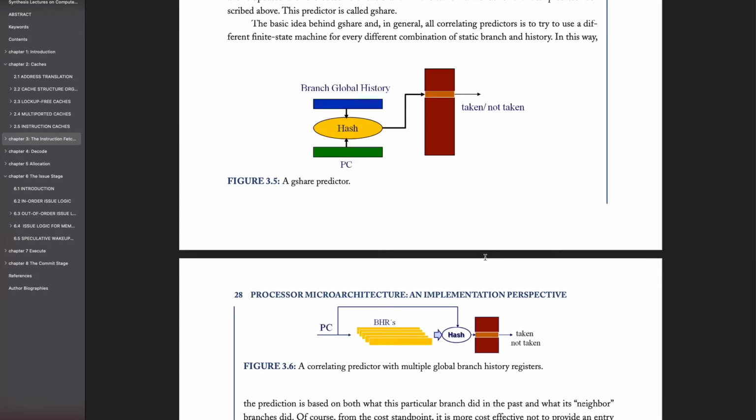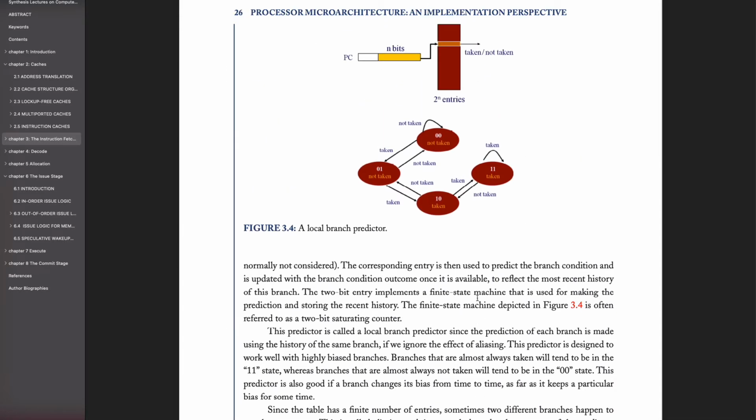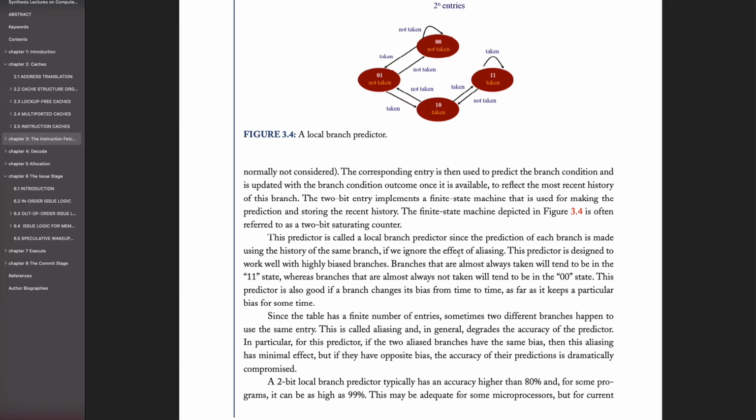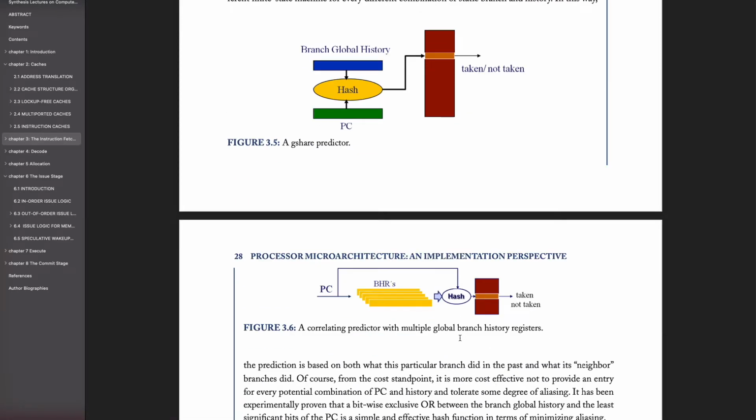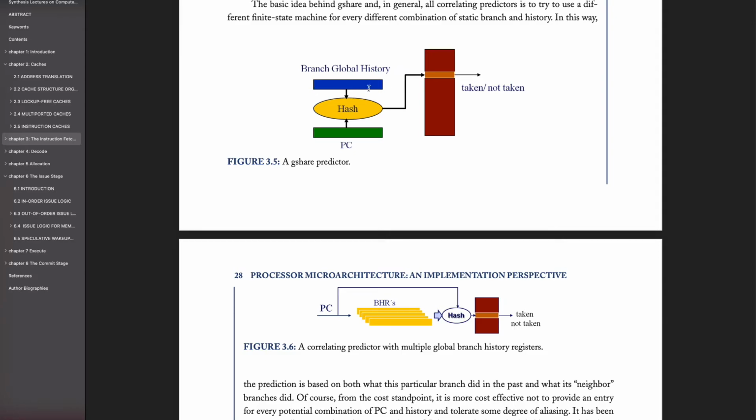And then here it talks about a combination. This is called a local branch predictor. Local meaning I have a local address, and I want to predict what the target address is. And then here there's some global branch history, and with a local address, they both combine to create a hash.